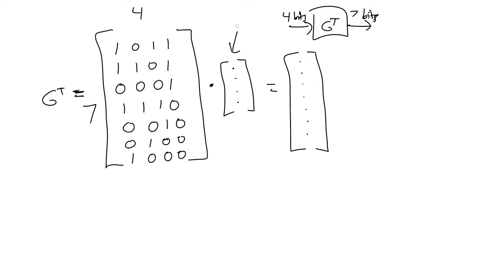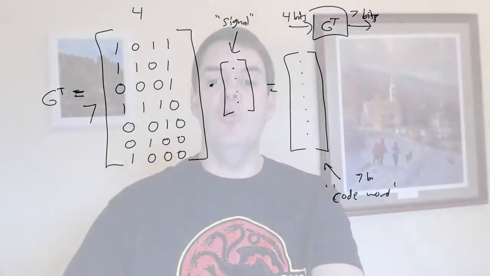This is the thing that we want to send, right? This is our signal. This is our message that we want to send. And out here is going to be a code word, which is going to be 7 bits. Now, let me talk a little bit about code words here, right? If you think about it, there are far more 7-bit vectors possible than there are 4-bit vectors, right?